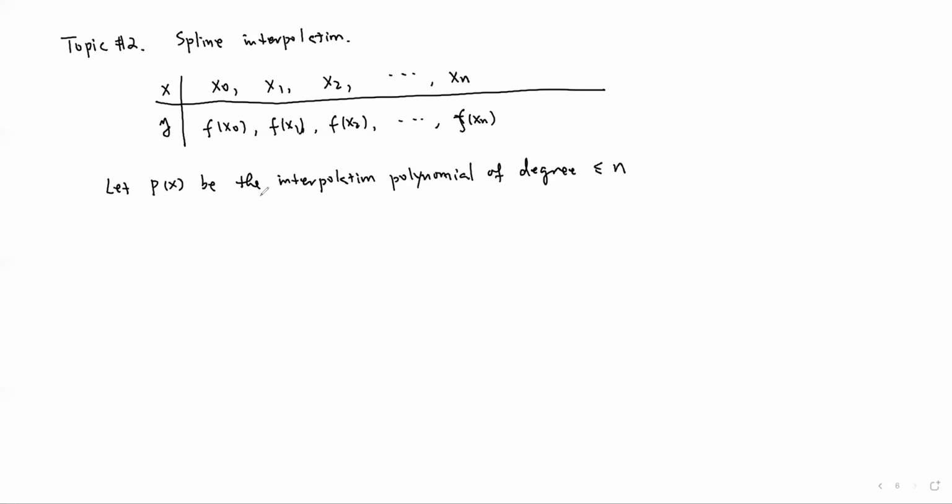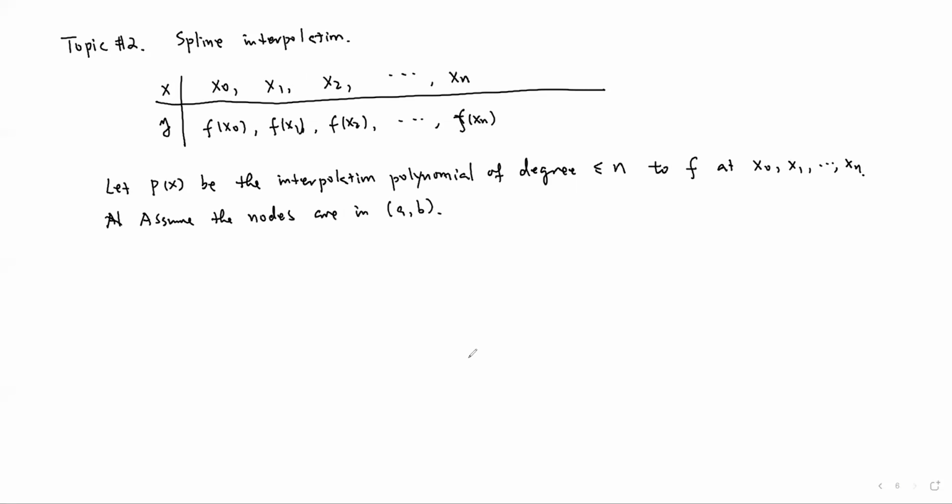Let P be the interpolation polynomial to the function f and the nodes. And also I assume the nodes are in this open interval.